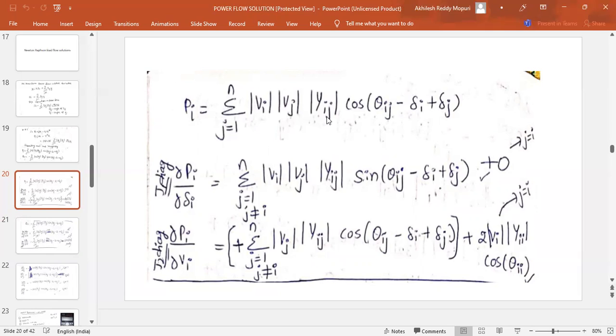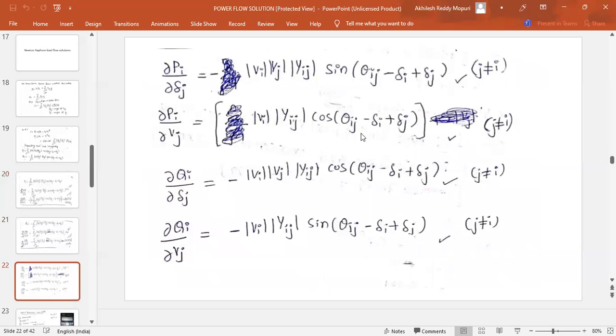When j is equal to i, we get Vj squared Yjj cos theta jj. When j is not equal to i, differentiating with respect to Vj we get Vi Yij cos(theta ij minus del i plus del j), as it is Ax differentiated with respect to x. That is what we had taken.